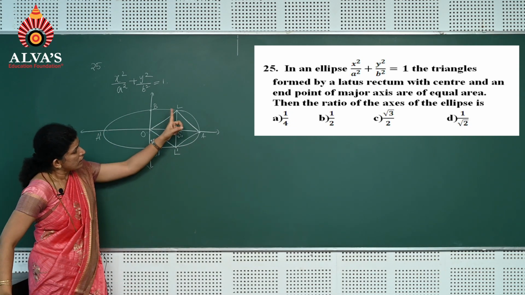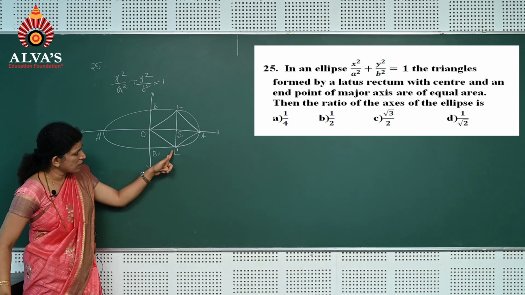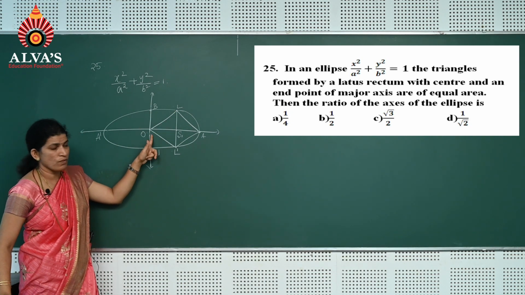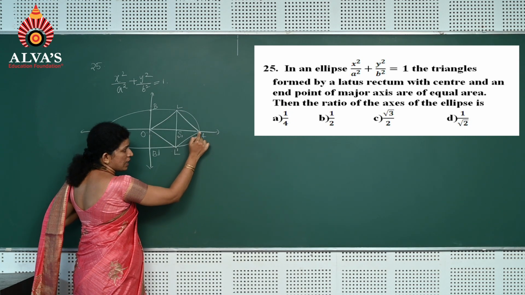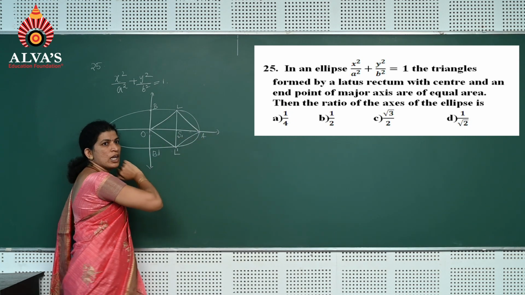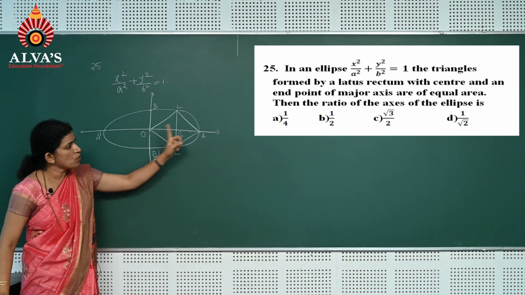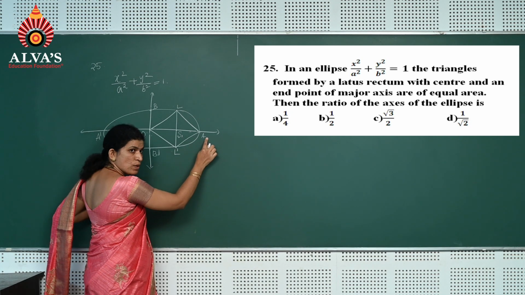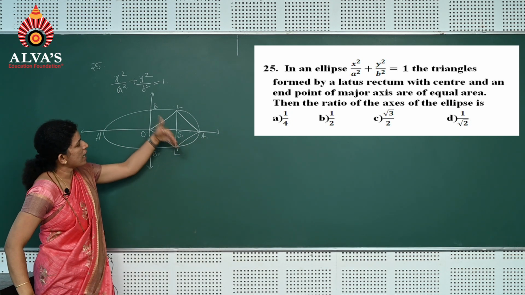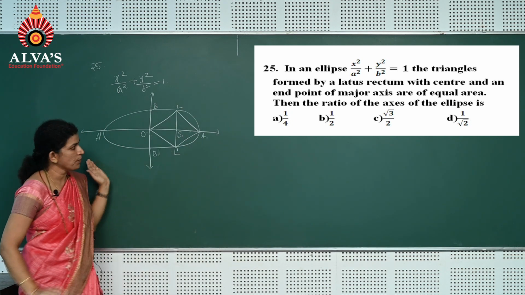The triangles formed by the latus rectum with the center of the ellipse as well as with the end point of the major axis are of equal area. We want the ratio of the axes, that means the ratio of the major axis to the minor axis.